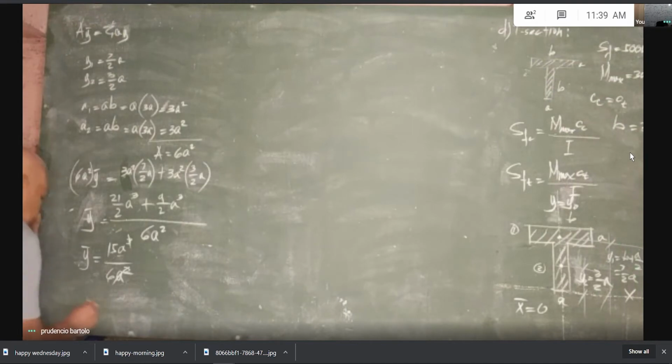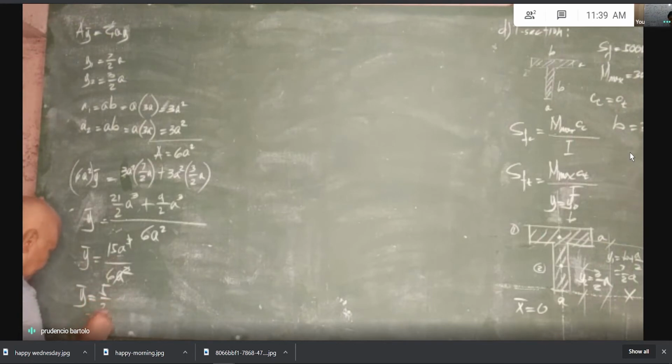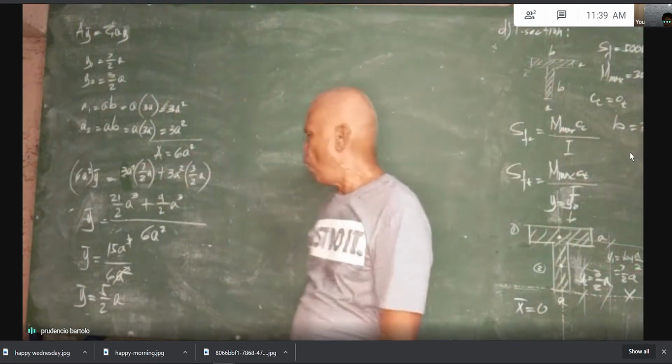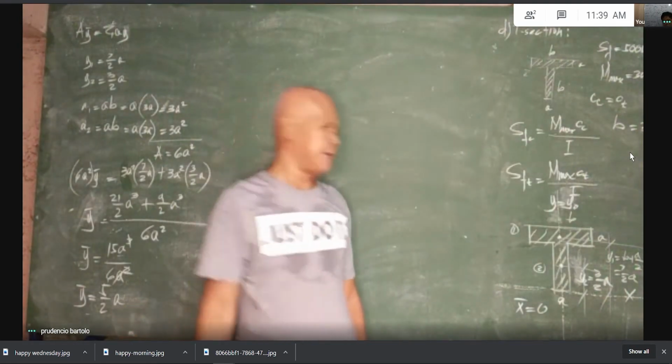So that is y bar now is equal to, by 3, that is 5 over 2a. So our y bar now is equal to 5 over 2 of a.